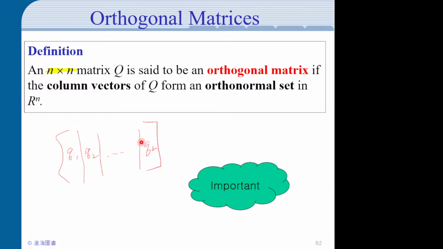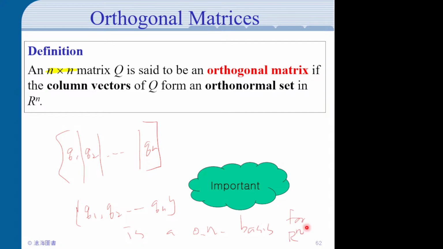So Q1, Q2, to Qn is a basis because there are n of them and they are linearly independent. They are also already normalized, so they are an orthonormal basis for Rn.